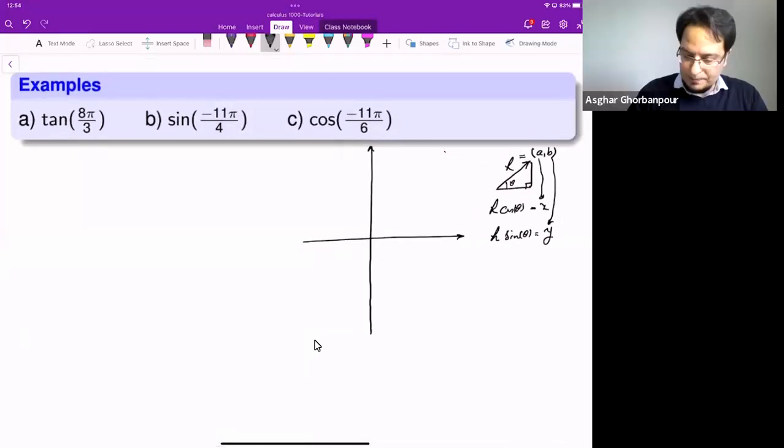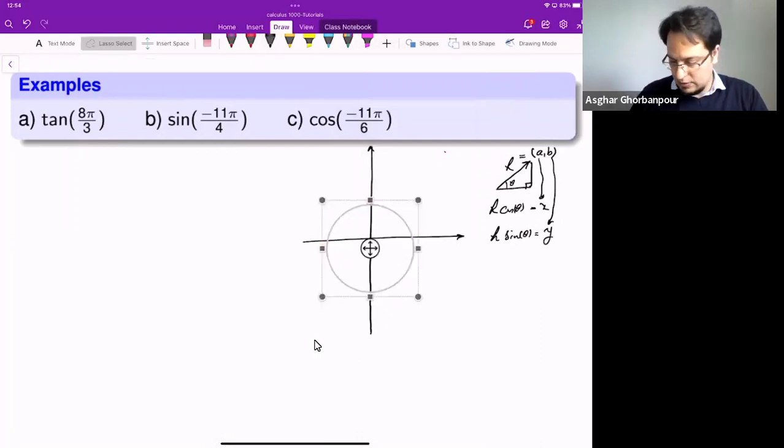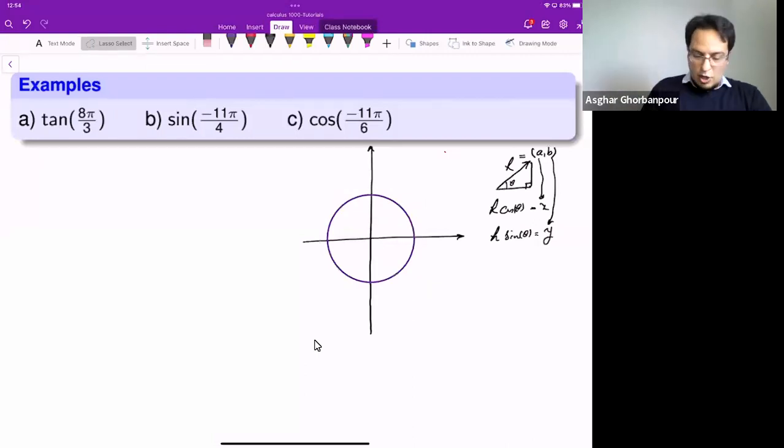Okay, so I want to work with this guy here, and then I have a unit circle. I try to have it centered somewhere. Now, I'm trying to find tan of 8 pi over 3.